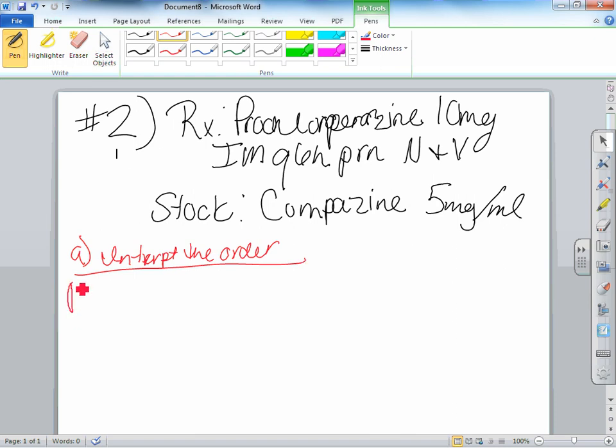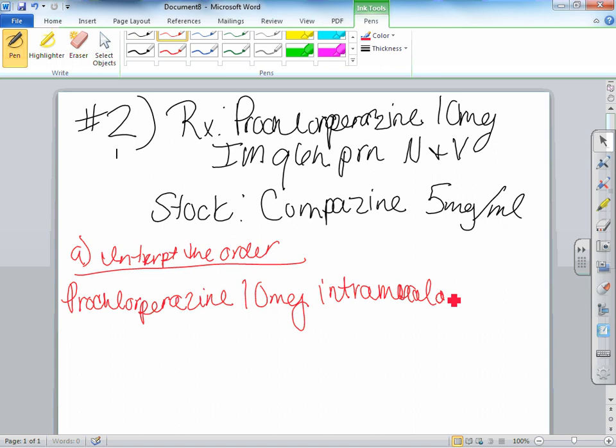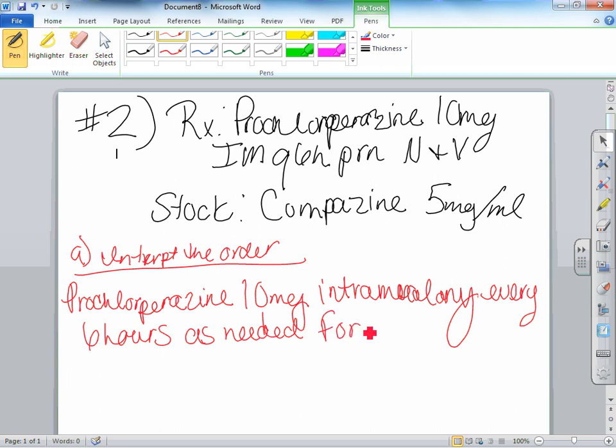So my order, how I translate it to read is prochlorperazine 10 milligrams intramuscular every 6 hours as needed for nausea and vomiting.